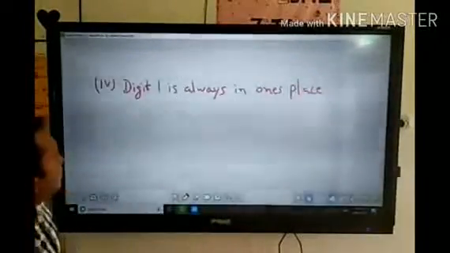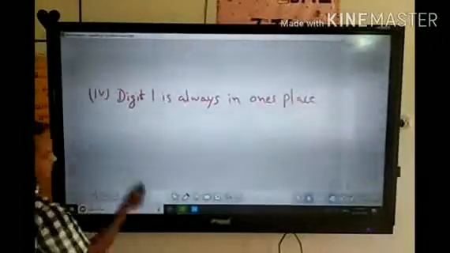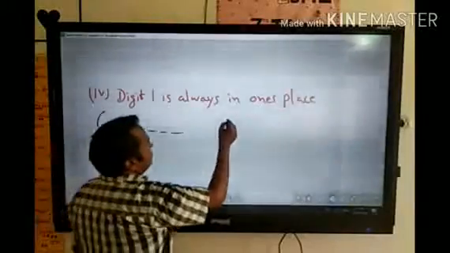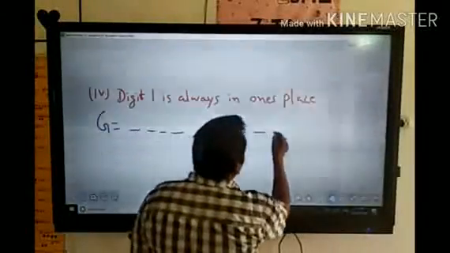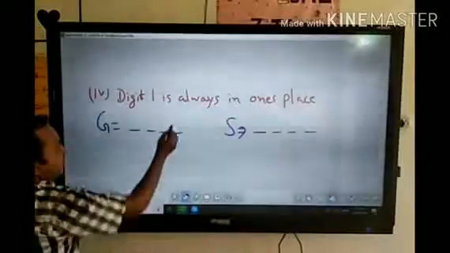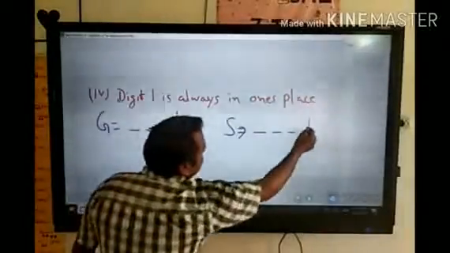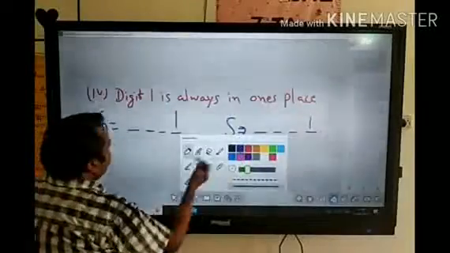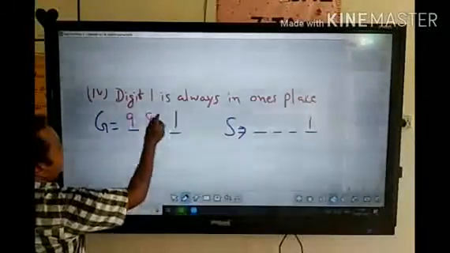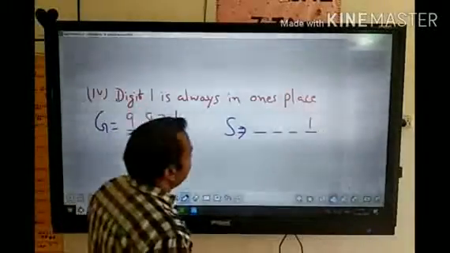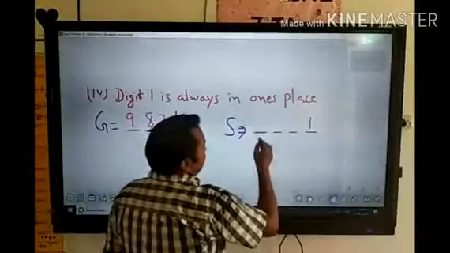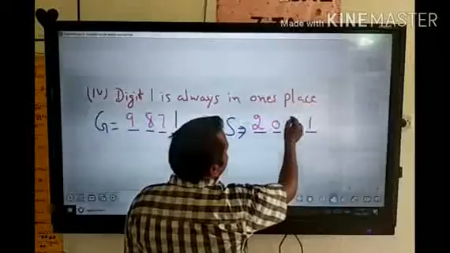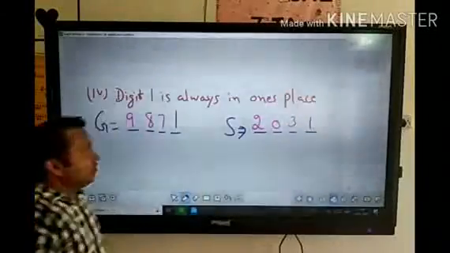Digit 1 is at ones place. So now I have to make the greatest. So 9, 8, 7. And I will have to make the smallest one. So I will use 2, then 0, then 3. Okay.